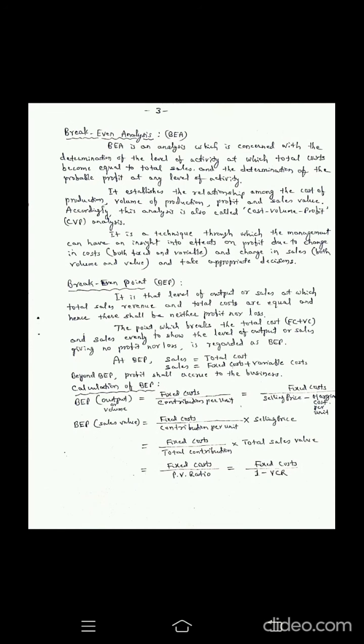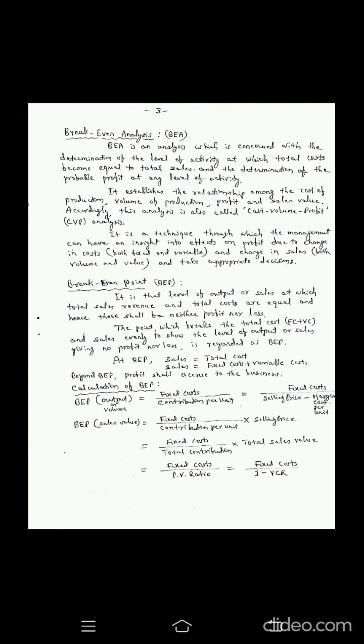Now, if we require sales value, break-even point in terms of value, we may directly compute BEP in terms of value, or if we know break-even point in terms of output, in terms of volume, then we can directly compute it. That is, BEP in terms of output into selling price.